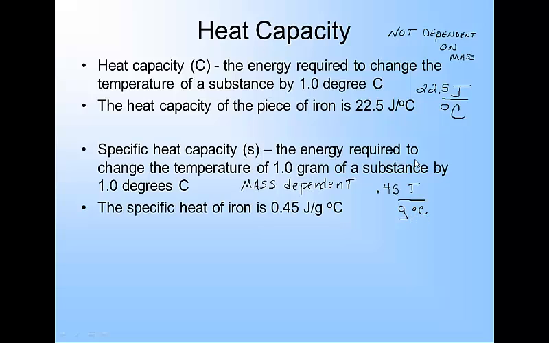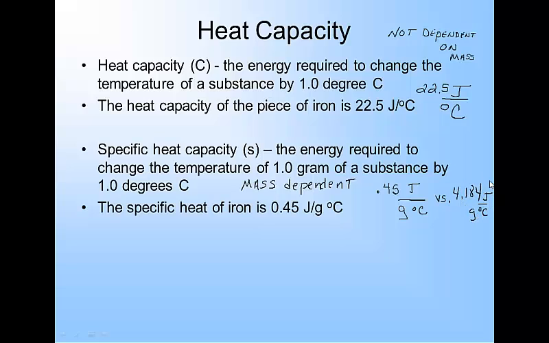Technically speaking, it's a relatively low specific heat in comparison to, say, water, which is 4.184 joules per gram degree Celsius. It takes 4.184 joules for every 1 gram of water to raise it 1 degree Celsius.